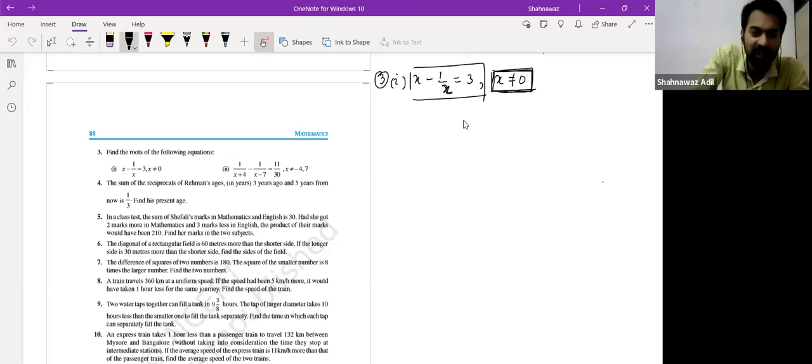So 2x minus 7 whole square, and then you wrote minus 49, right? But b square is not negative, right? Talha, just see, 2x minus 7 whole square, that is 4x square plus 49 minus 28x.